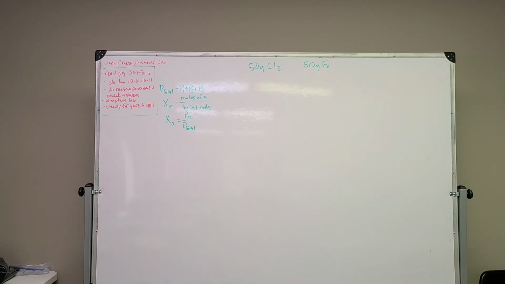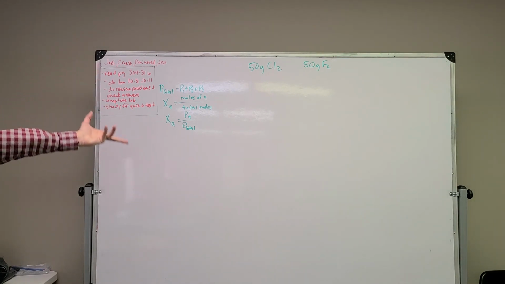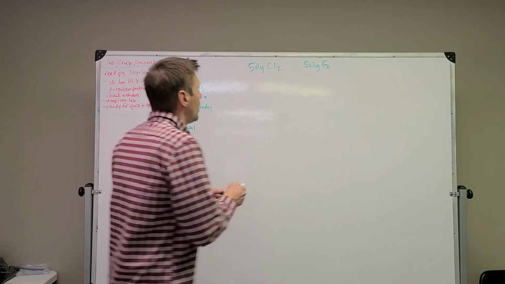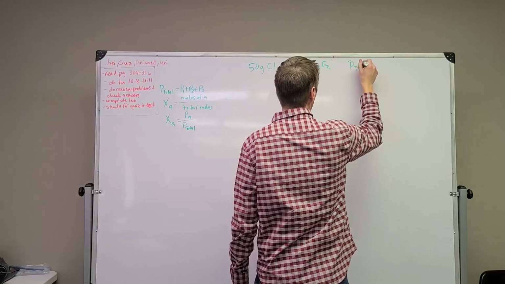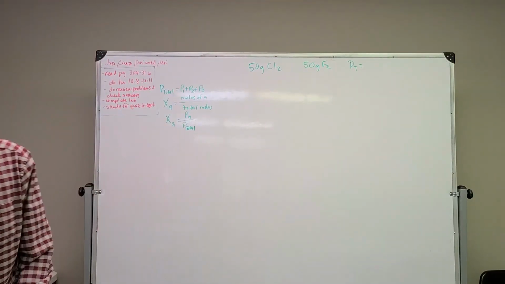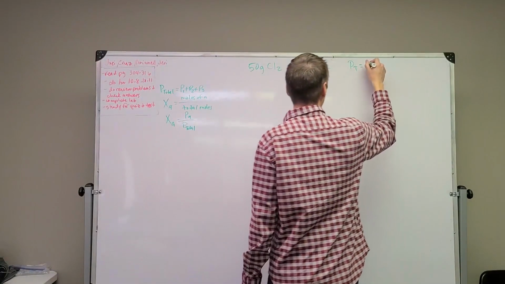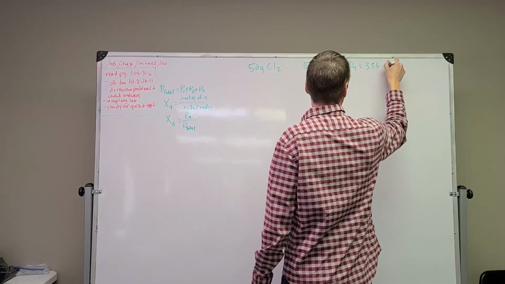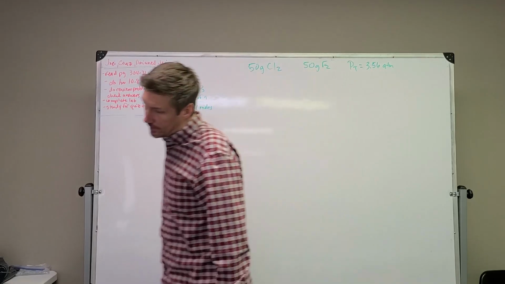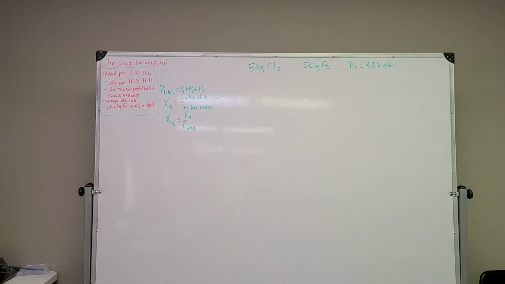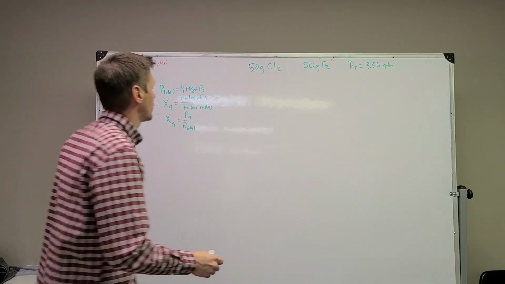All right. So they give us the grams of each of those gases, and they say the mixture exerts a total pressure. So pressure total is equal to 3.56 atm. And then they say, what is the partial pressure of each gas?